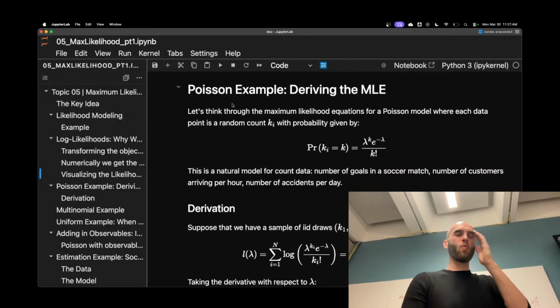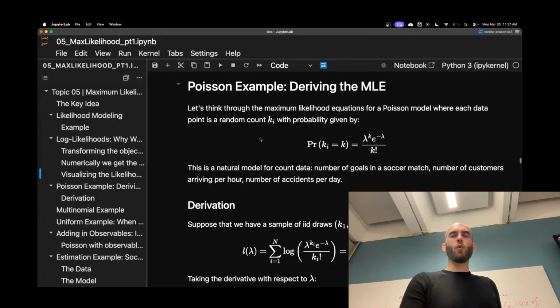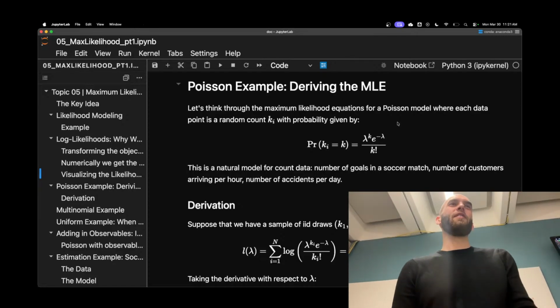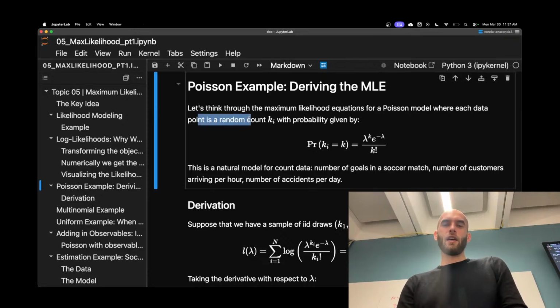So we're just going to walk through a more complicated version of MLE. We're going to use Poisson in the example, the estimation example we'll do next class. But essentially, this is the probability density function for Poisson. Each data point is a random count, k.